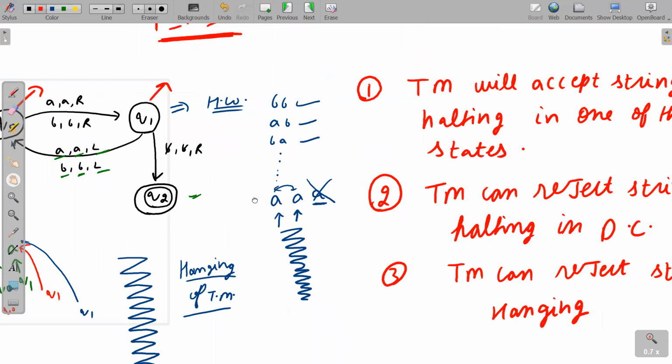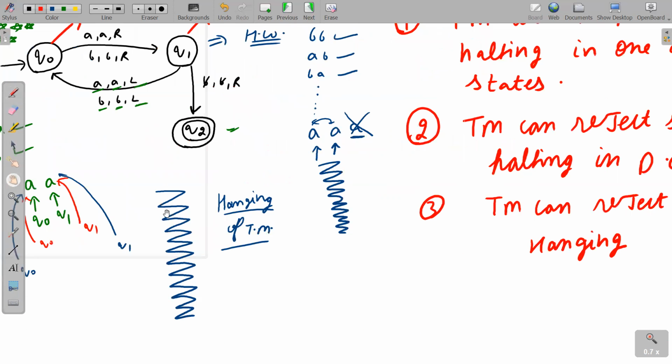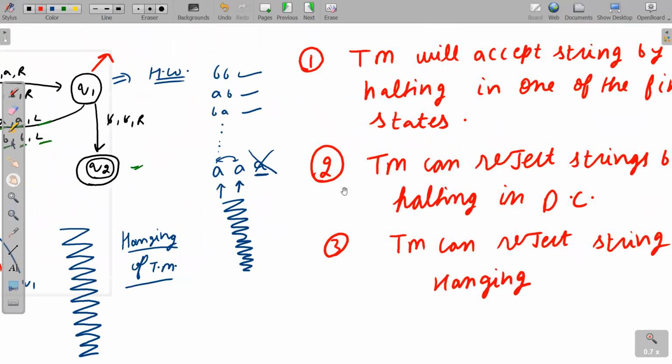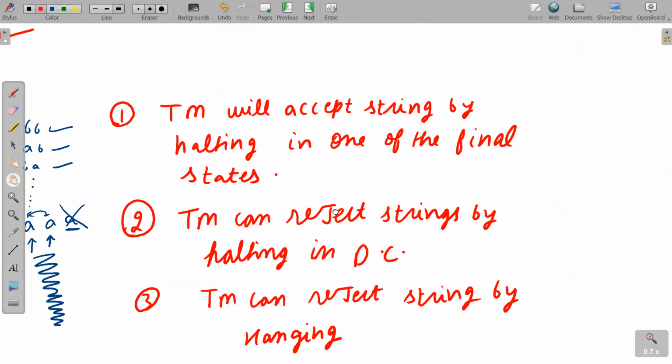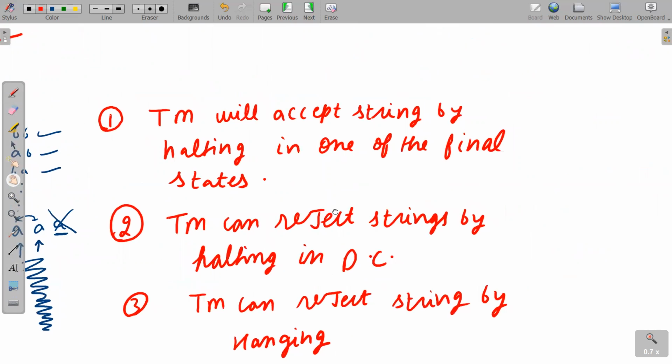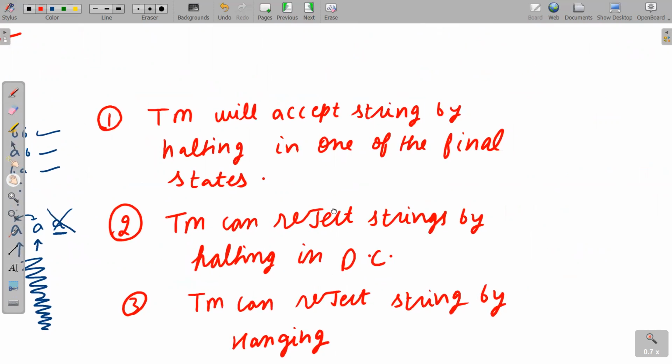By this choice, we have shown that it can hang also: left, right, left, right, left, right. But PDA and FA will always halt, because the read head can move only in one direction.